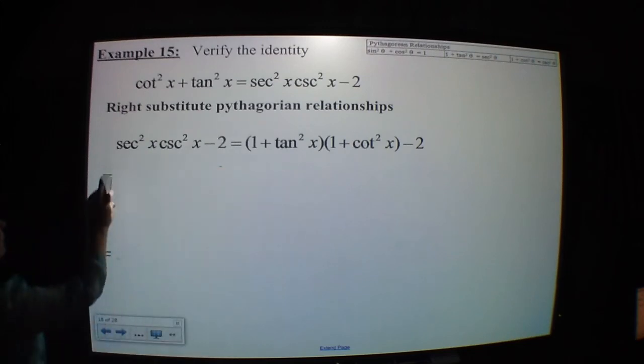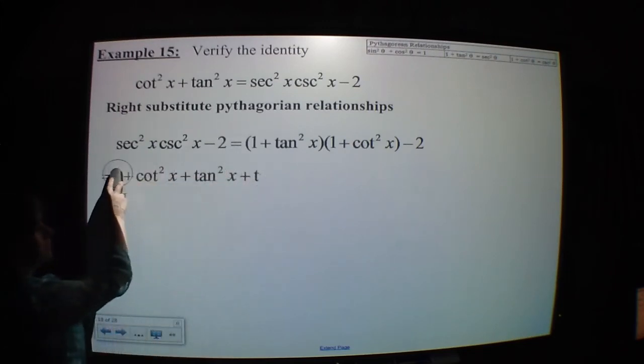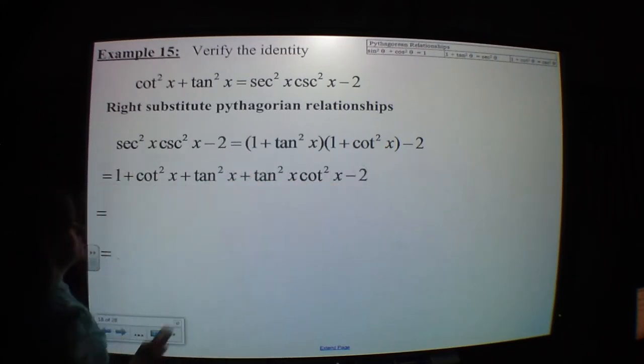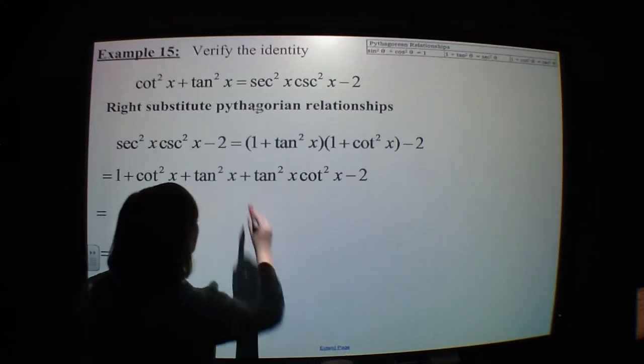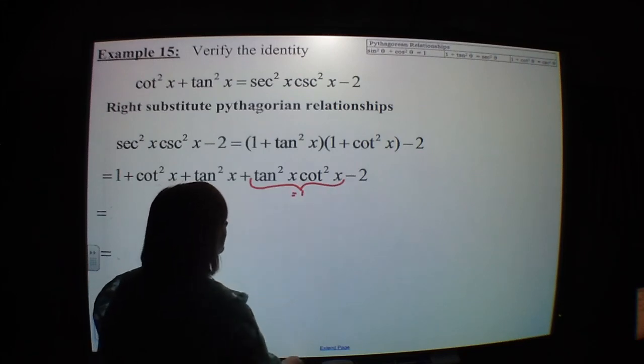FOIL, and you have 1 plus tangent squared plus cotangent squared plus tangent squared times cotangent squared minus your 2. Tangent and cotangent are reciprocals of each other. So I hope you know that that is equal to 1.